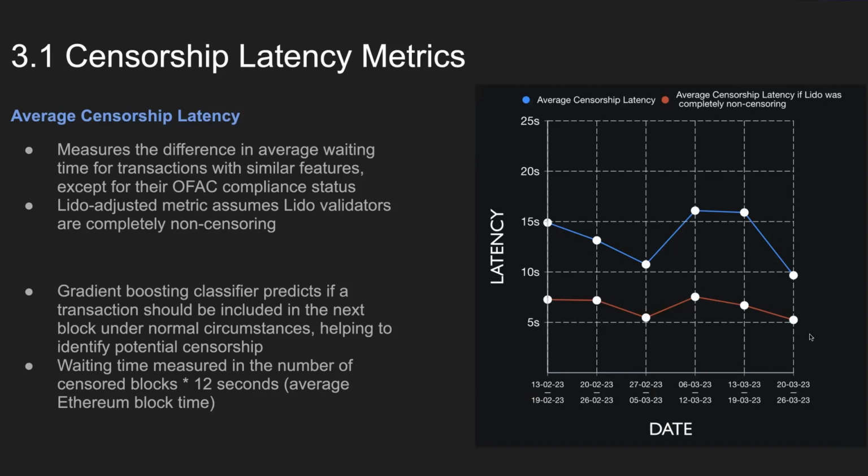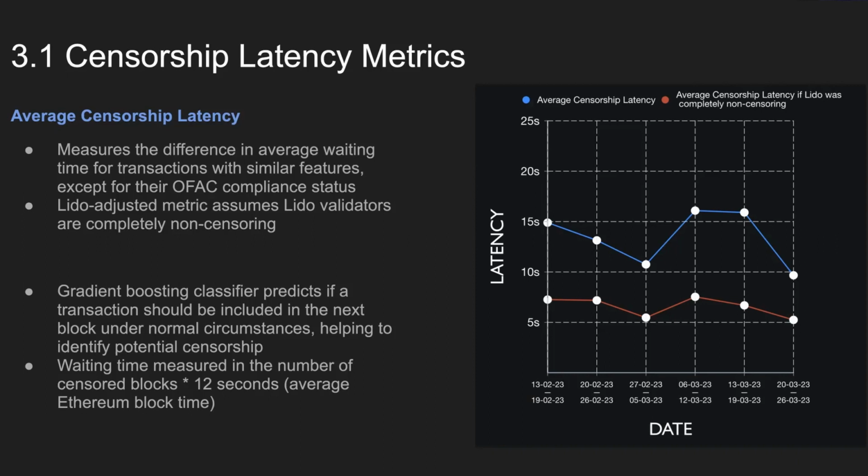And the red line shows us where we would be if Lido were completely non-censoring. So if every Lido validator passed all the non-compliant transactions in the first block, it can.